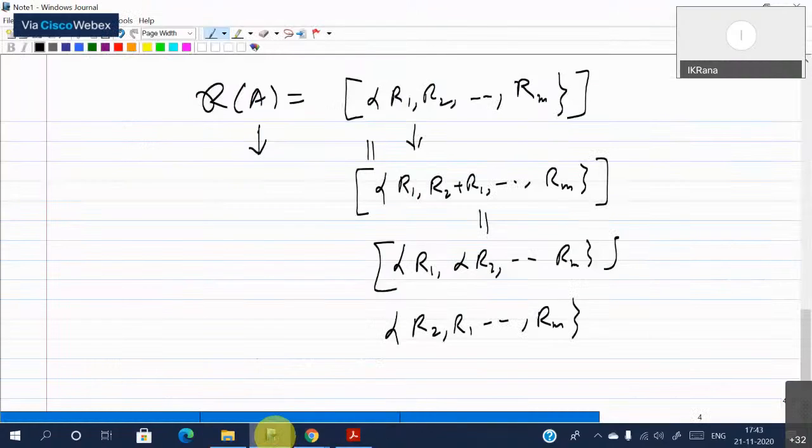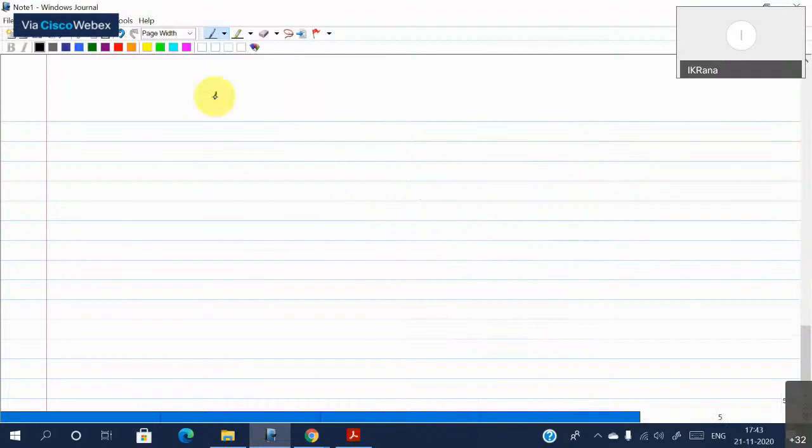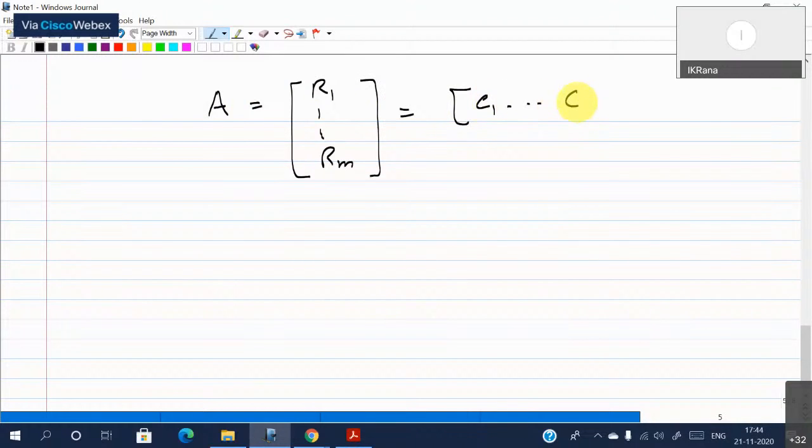Let me write that instead of just showing a slide. So here is a matrix A with rows R1 to Rm, and if you write it as columns, it is C1 to Cn. So for the column rank, I have to look at the column space. So I have to look at how many of these generate.